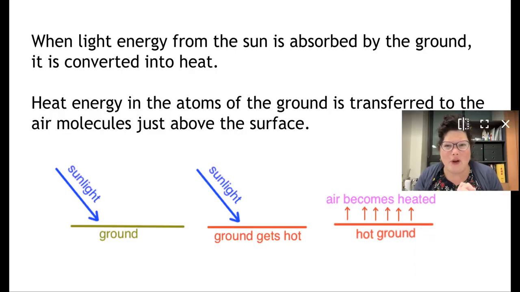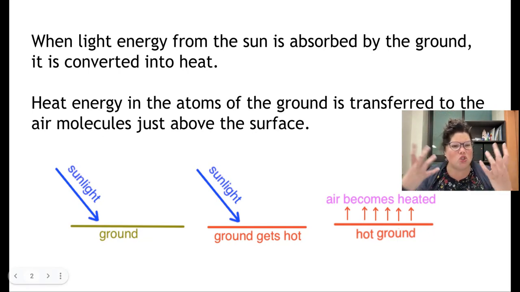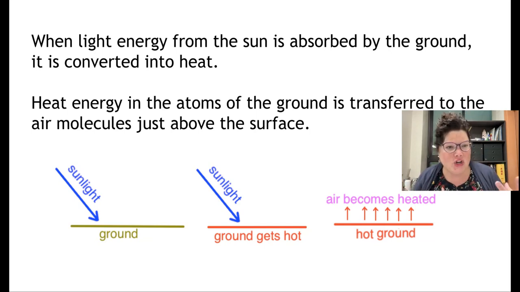The heat from our planet is all from light energy coming from the sun. That light energy is going to hit the ground, and that ground is going to absorb it. So whether it's hitting the ocean, land, metal, concrete, ceramic in the rooftops, whatever it's hitting, that area is going to absorb that light energy.